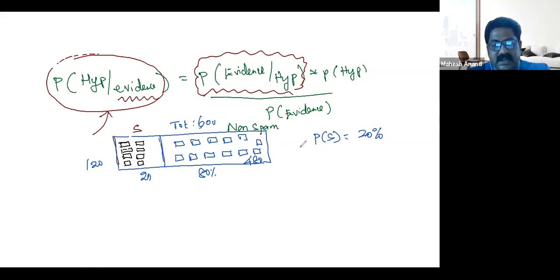For this example, let us assume a keyword. What I would like to predict here is the probability that a new incoming email with the keyword money is likely to be spam.